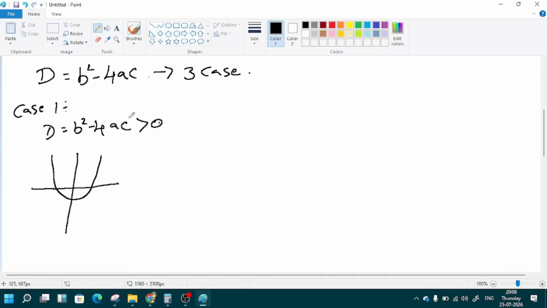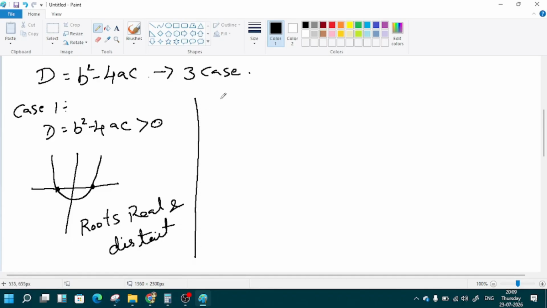Now if D is greater than 0, then the roots will be real roots, and there are two different values, so they are called distinct roots. Here one root and here one root, so there are two values for x. It is called real and distinct roots.